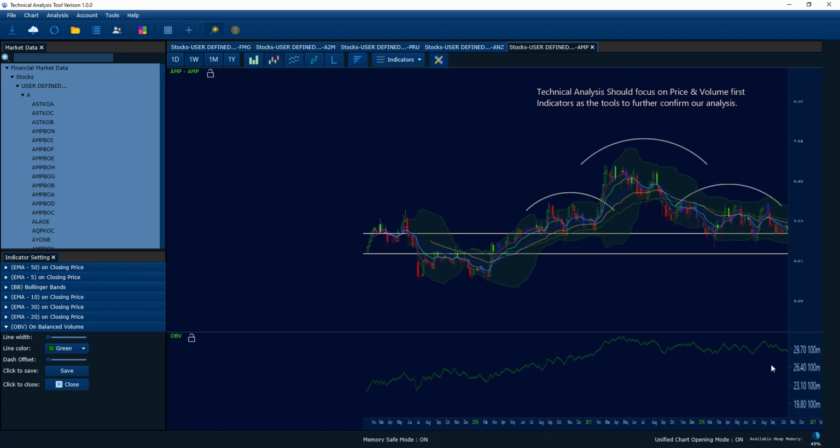I need to tell you how we calculate the OBV. The on-balance volume indicator measures buying and selling pressure. Basically, it maintains a running total of the trading volume of this security. It uses the closing price.